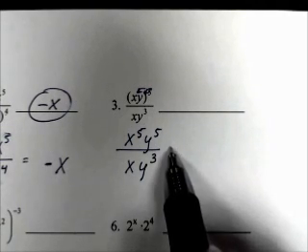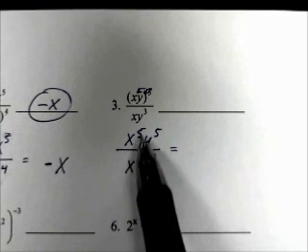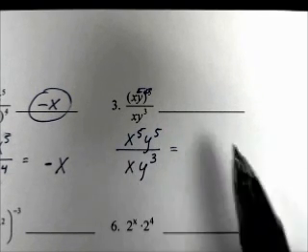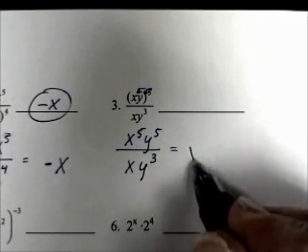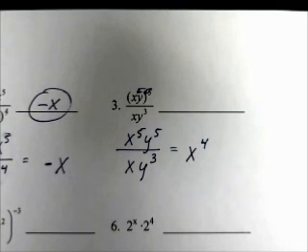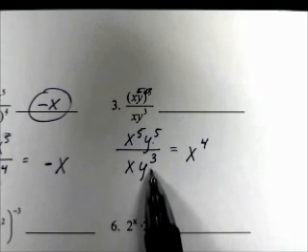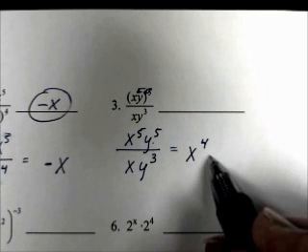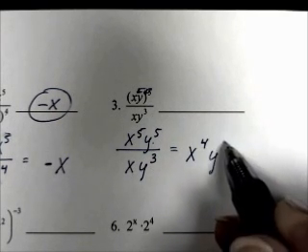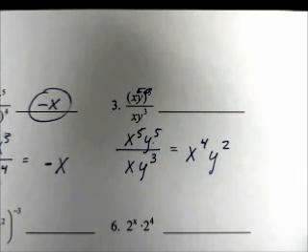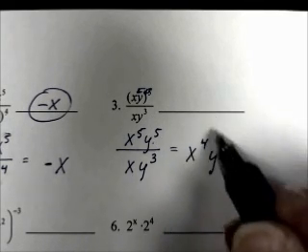Now from here, x to the 5th divided by x to the 1st, we subtract the exponents. That will leave us with x to the 4th. y to the 5th divided by y to the 3rd, subtract the exponents. 5 minus 3 is 2, y to the 2nd. So that's x to the 4th, y to the 2nd.